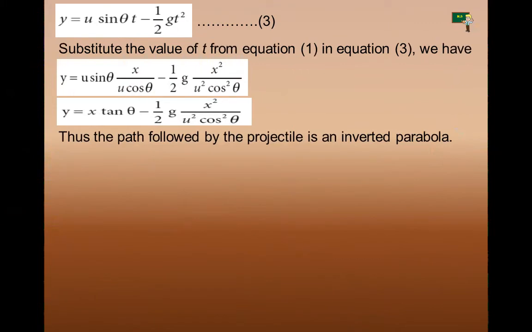And finally, this sine and cos can combine together. So y equals x tan theta minus 1 by 2 g into x square divided by u square cos square theta. Thus, the path followed by the projectile is an inverted parabola.